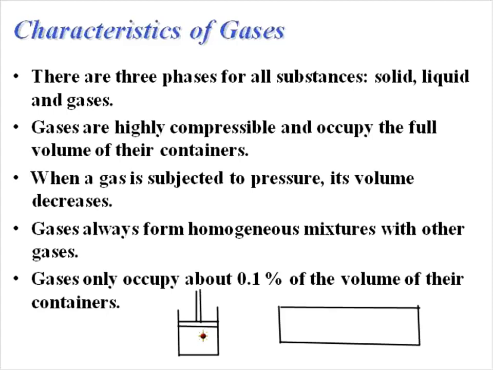You can move it up, you can move it down. When you move it up, obviously you are increasing the pressure. That would reduce the volume available for gas. Volume available for gas is the volume of the gas. So that's a property.